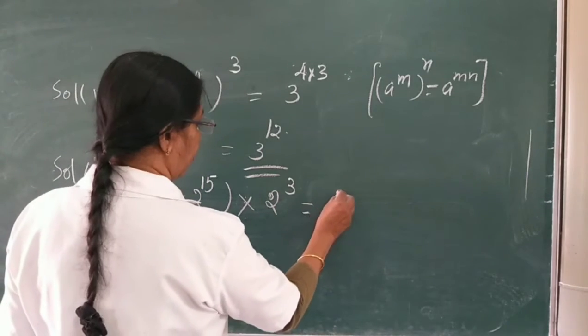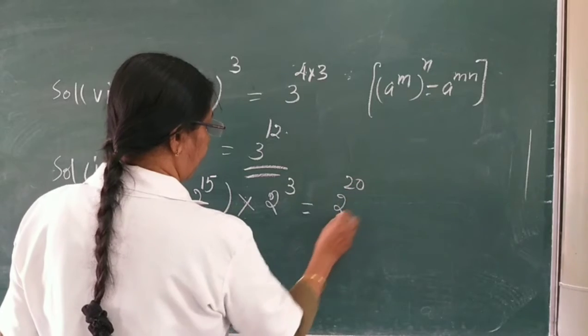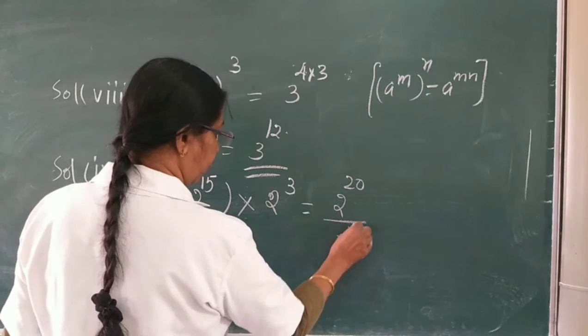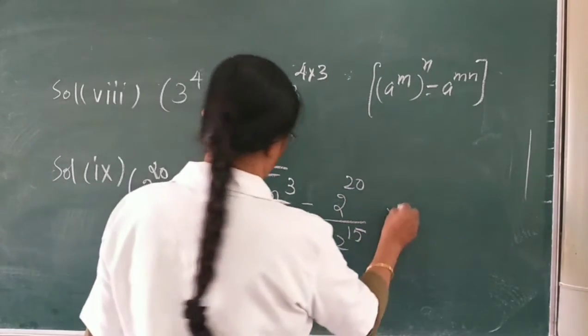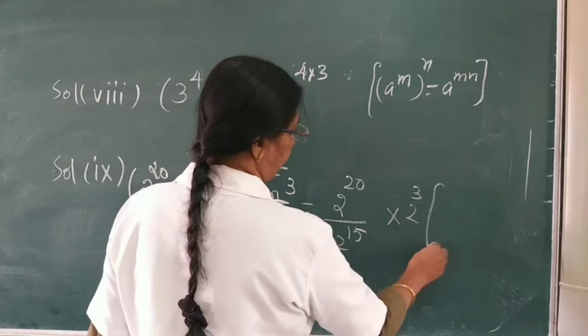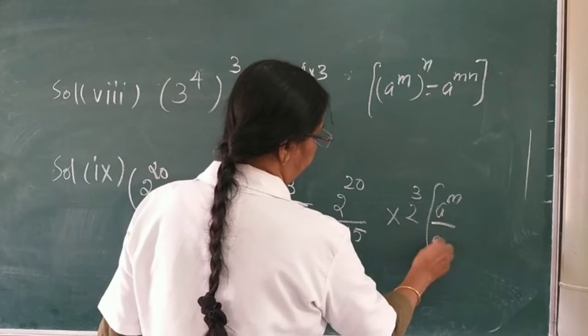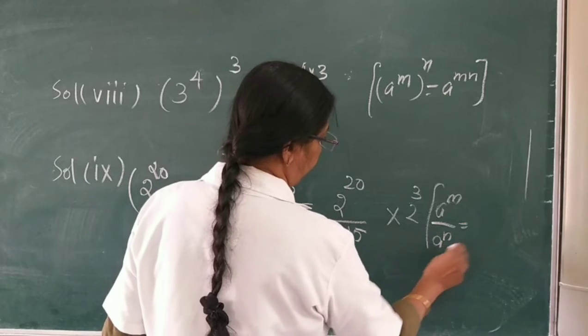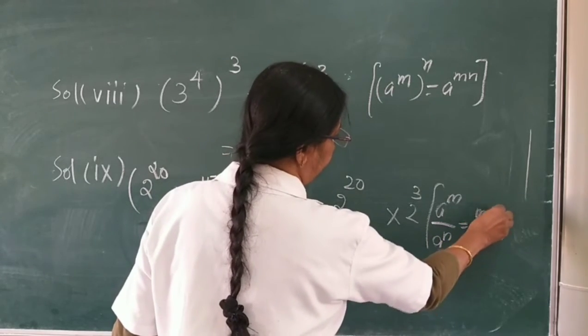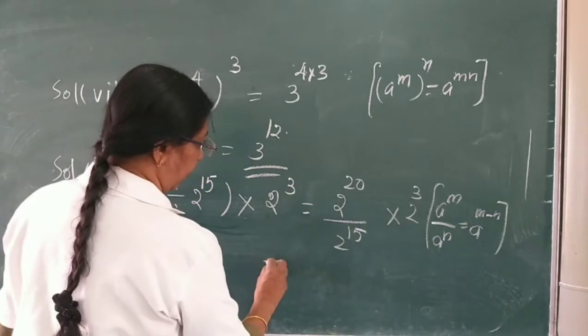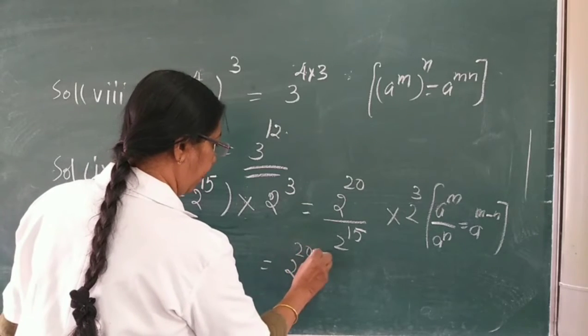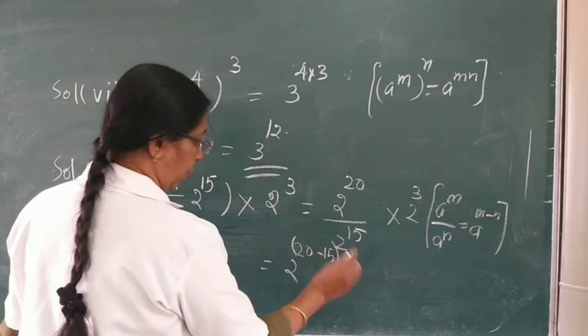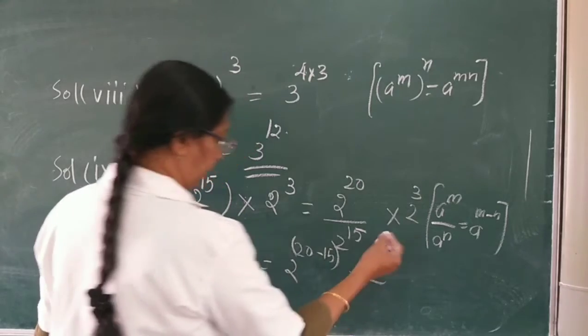Here we can write 2 raised to 20 divided by 2 raised to 15 into 2 raised to 3. So a raised to m divided by a raised to n is equal to a raised to m minus n. Here it is 2 raised to 20 minus 15, into 2 raised to 3.